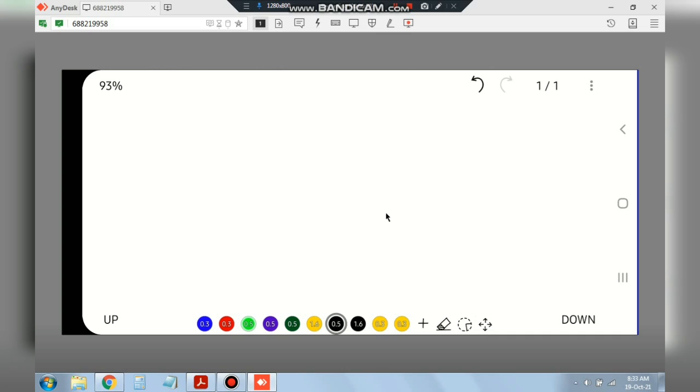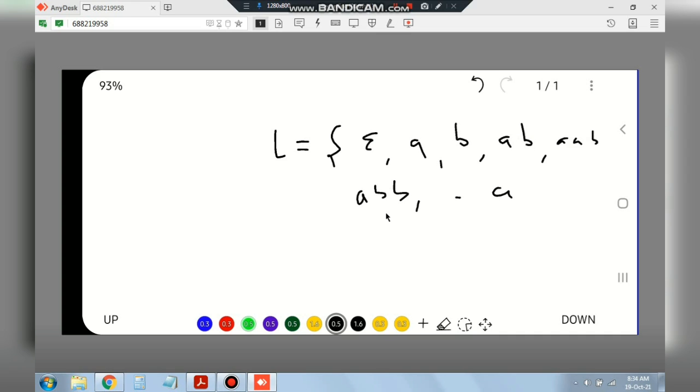So L will be equal to, first it can be epsilon because 0 number of A and 0 number of B, or it can be A, or it can be B, or it can be 1 time A and 1 time B, or 2 times A and 1 time B, or even 1 time A and 2 times B. Like that we can have any number of combinations like A, B, A also.